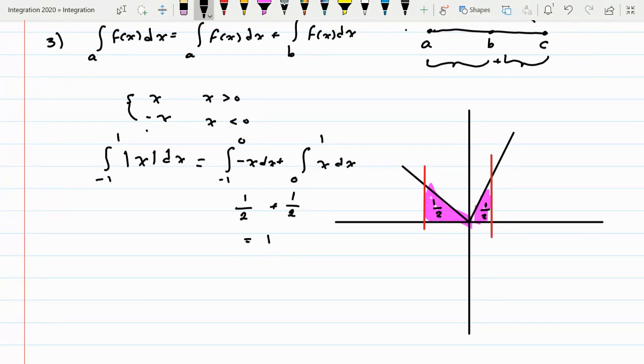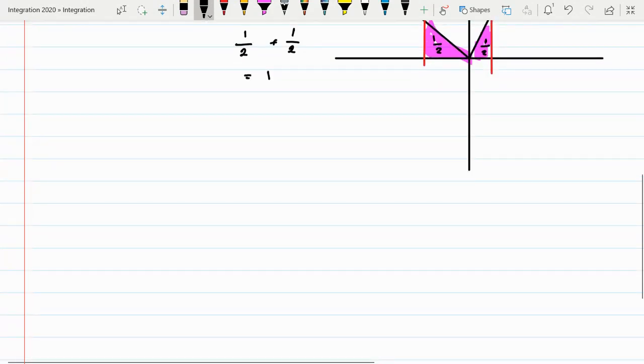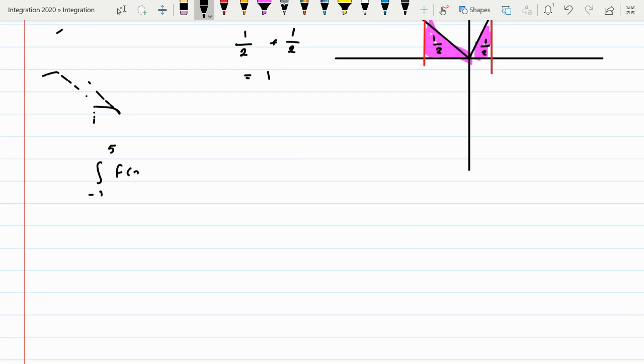Now we talked about three things, and let me give another example regarding this one. Assume that I said the integration from -1 to 5 of f of x dx equals 8, and I told you that the integration from -1 to 3 equals 12.